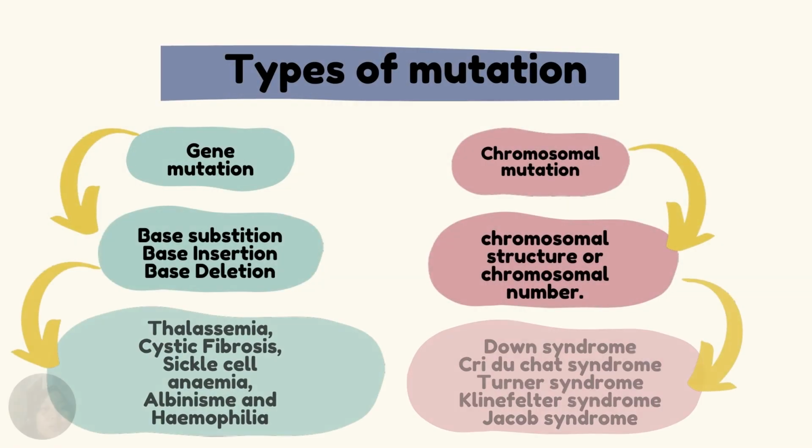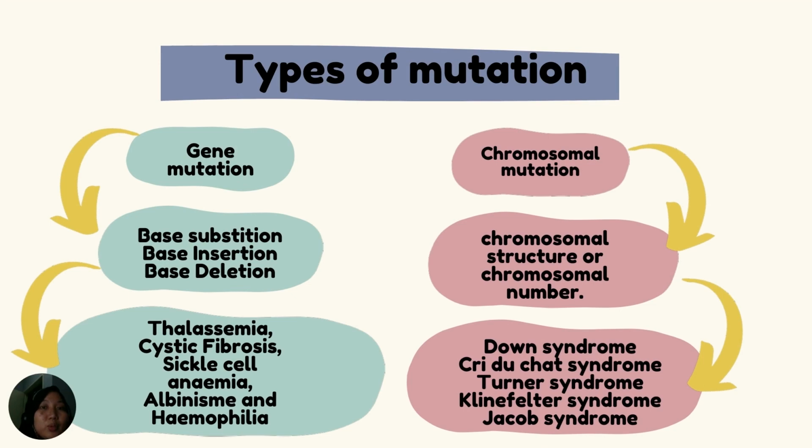All right, so now we go to the types of mutation. There are two types of mutation. The first one is gene mutation, and the second one is chromosomal mutation. Under gene mutation, it can involve base substitution, base insertion, and also base deletion.